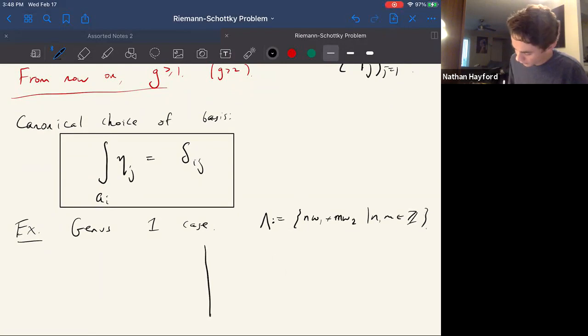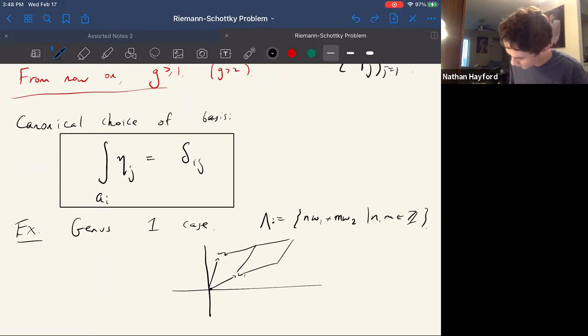And I consider this lattice of points generated by them. So maybe this is omega 1, that's omega 2. And I tile the plane with these lattice vectors. Well, it's not drawn too great, but I think you get the point.